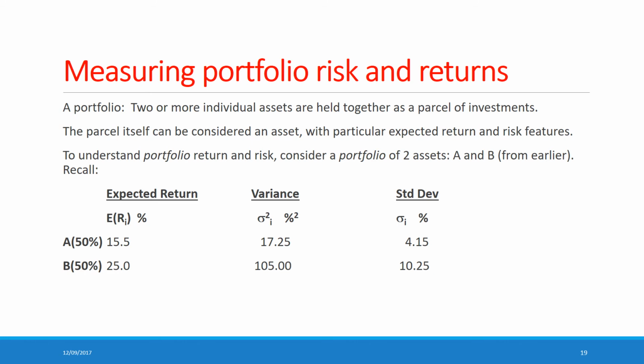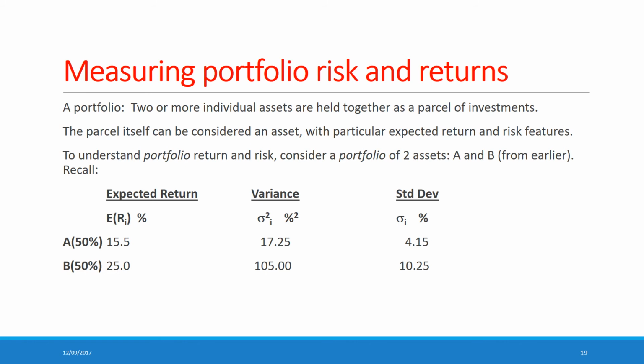We then look at portfolio risks and returns. In the previous slides, we measured risks and returns. We introduced the concept of risks and returns for individual assets. Return is simply the average. The expected return is simply the average of all different possible outcomes in the future.